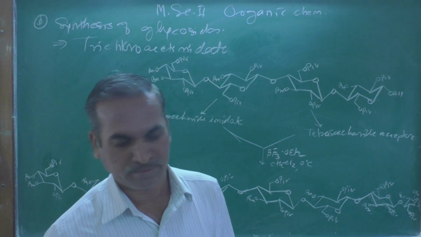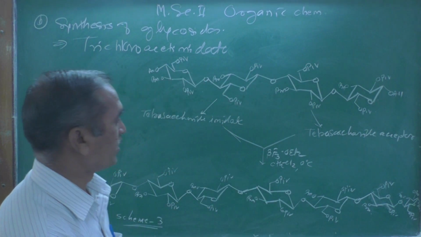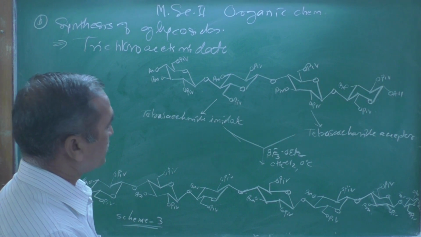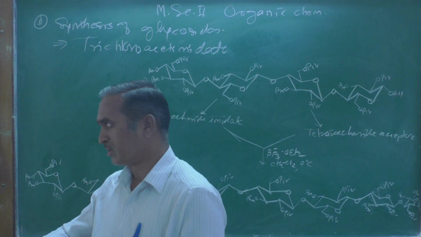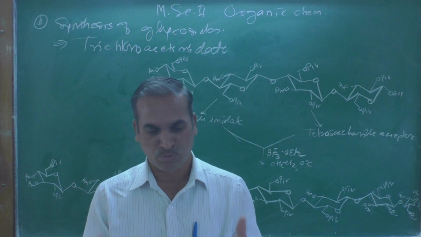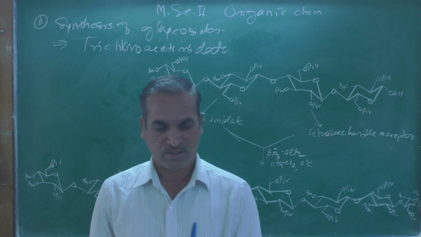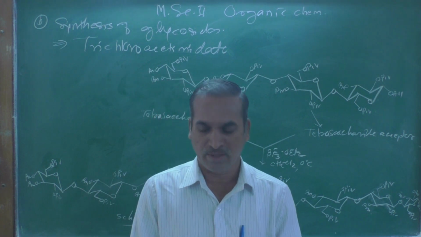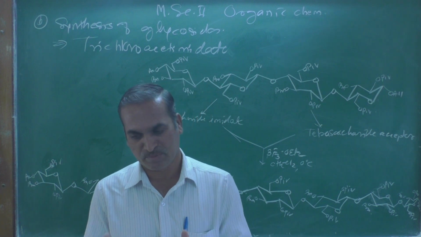So we have discussed today one scheme under the trichloroacetamide, how it works, how it can proceed smoothly, and how to draw even such a complicated structure in a very systematic way. That's the main point we have discussed today, scheme number 3.